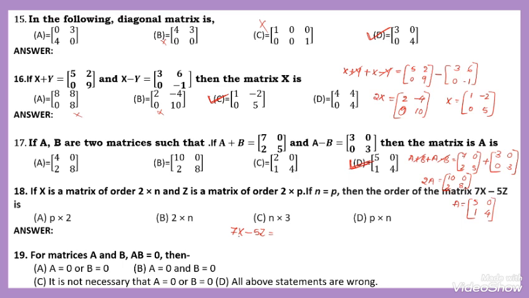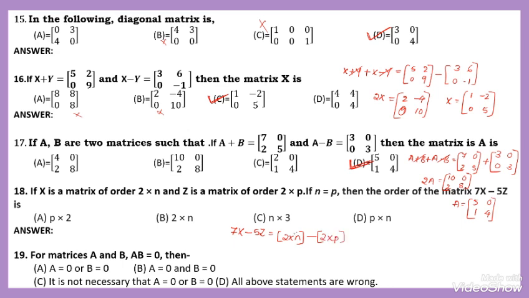While multiplying a matrix by any scalar element or any number, the order doesn't change. The order of the matrix should be 2 cross n, and minus 5 into Z, similarly the same result, that is 2 cross p.